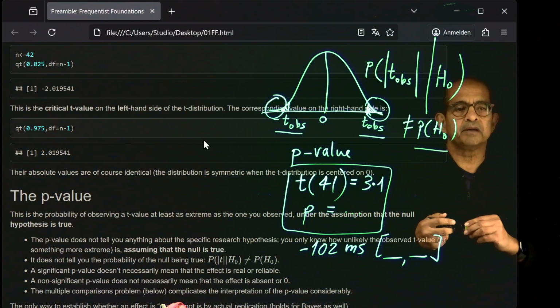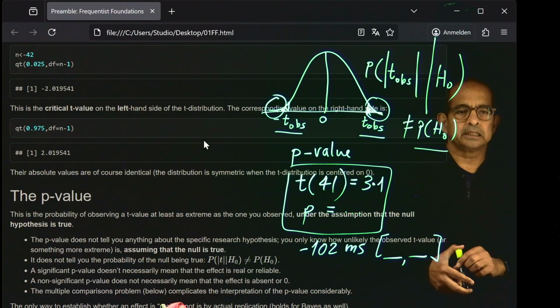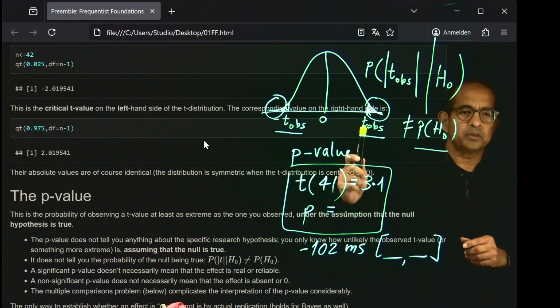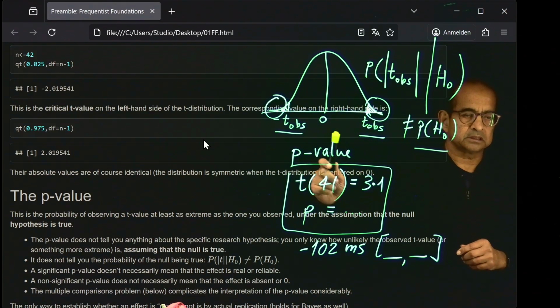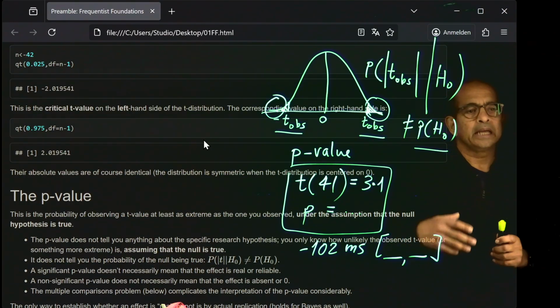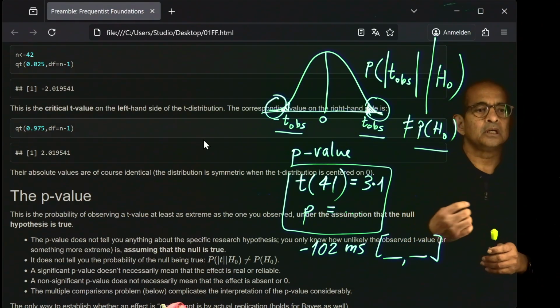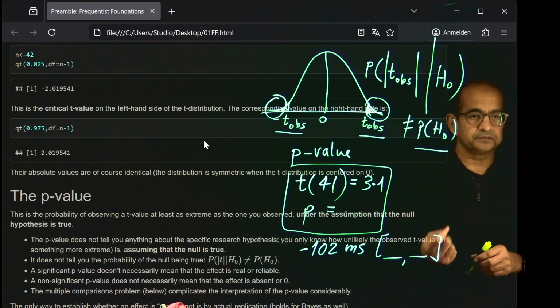So you have to be careful about this, and this is a common mistake that people make. Another thing that the p-value is telling you is how much evidence you have against the null hypothesis. It's not giving you evidence directly in favor of the specific alternative that you want to argue for, right?